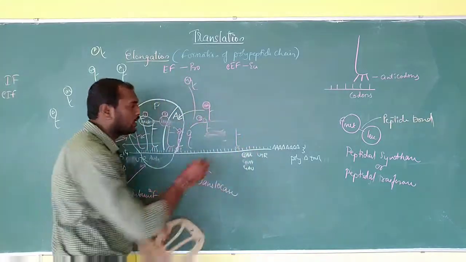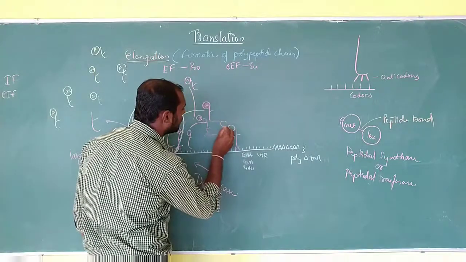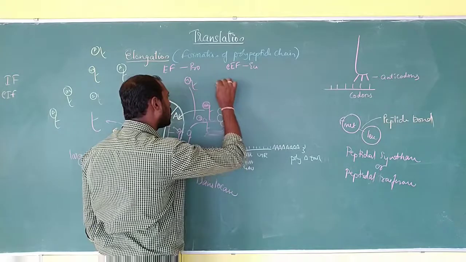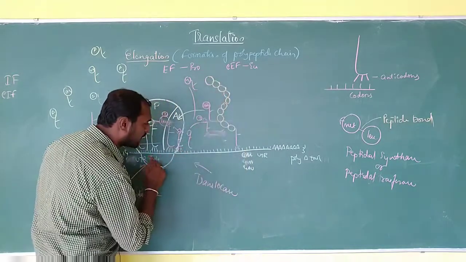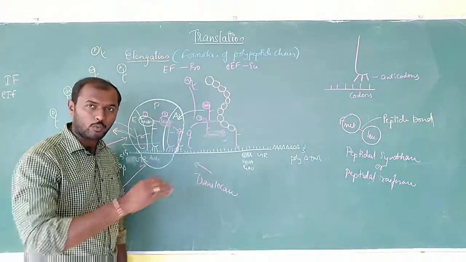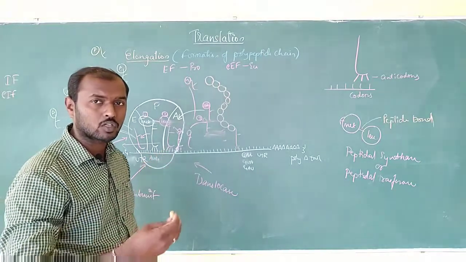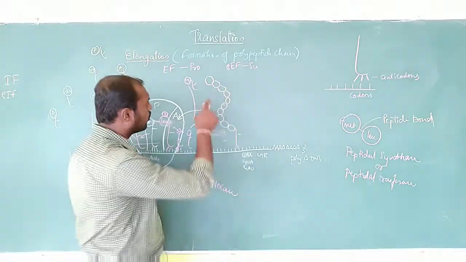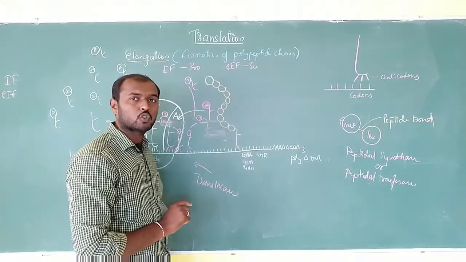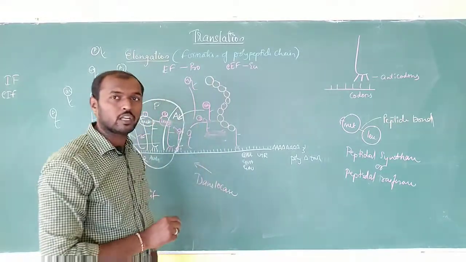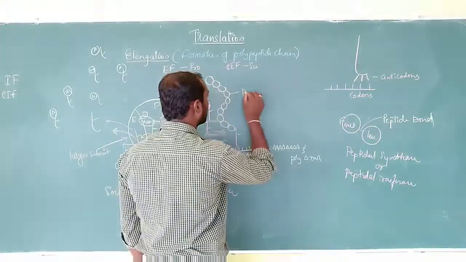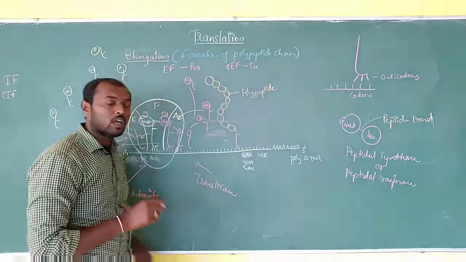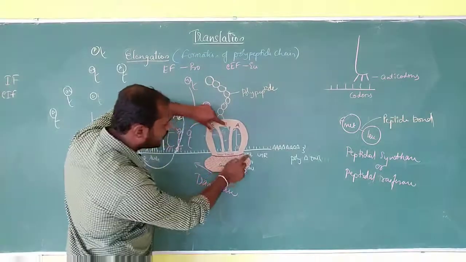So when it reaches the end, this amino acid chain will be longer and it is going to form a long polypeptide chain. However many codons are carried by the mRNA, that many amino acids are going to join and form a long chain. That is what we call a polypeptide. This continues until it reaches the stop codon.